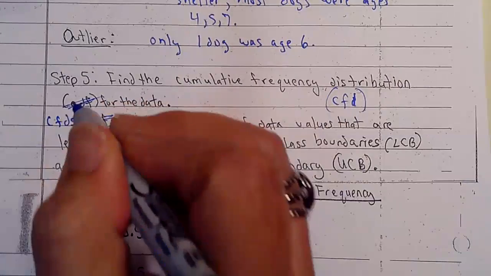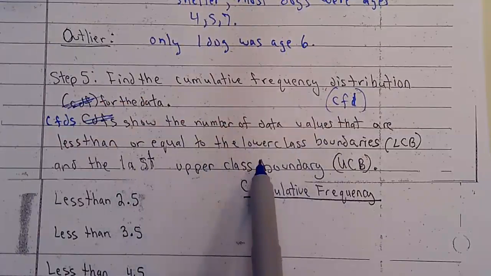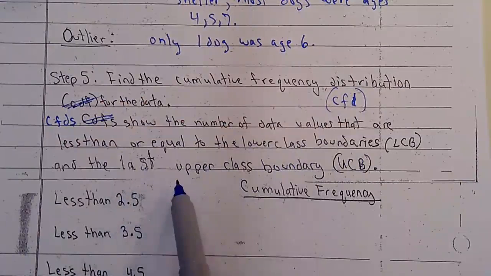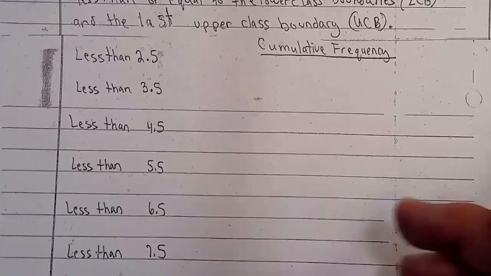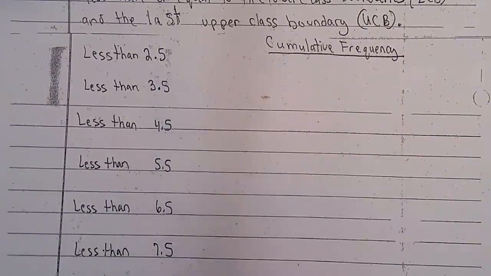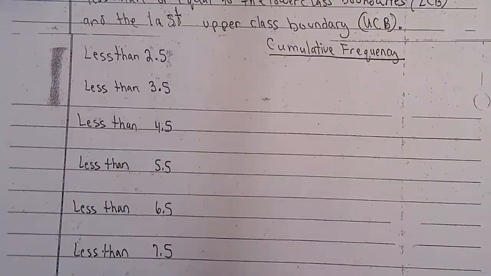CFDs show the number of data values that are less than or equal to the lower class boundaries and the last upper class boundary. Okay, so see how I listed less than 2.5, less than 3.5, kind of like what I did on the other problem. So if I get my yellow highlighter, 2.5, 3.5, 4.5, see where I'm getting those from.